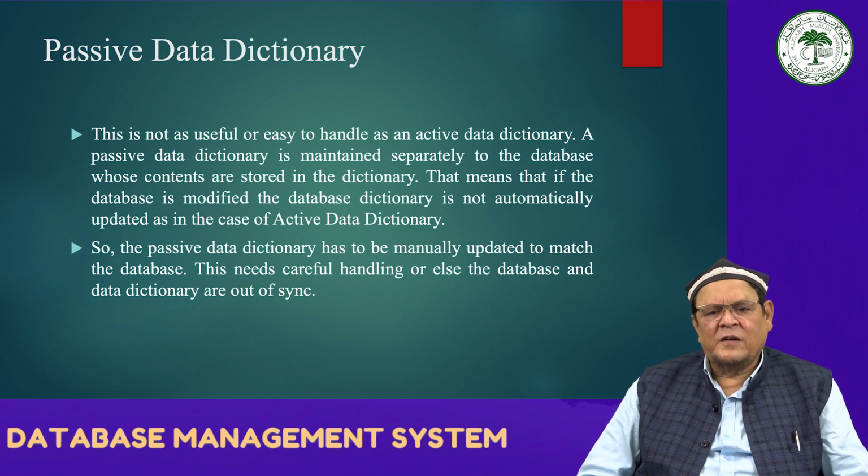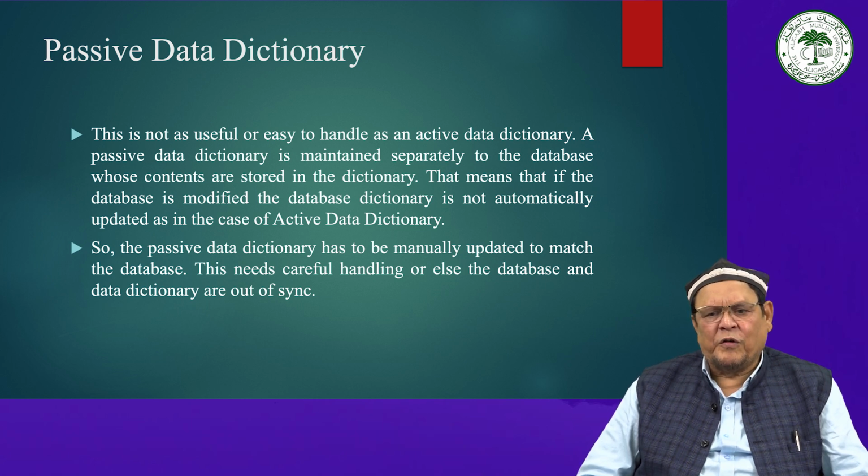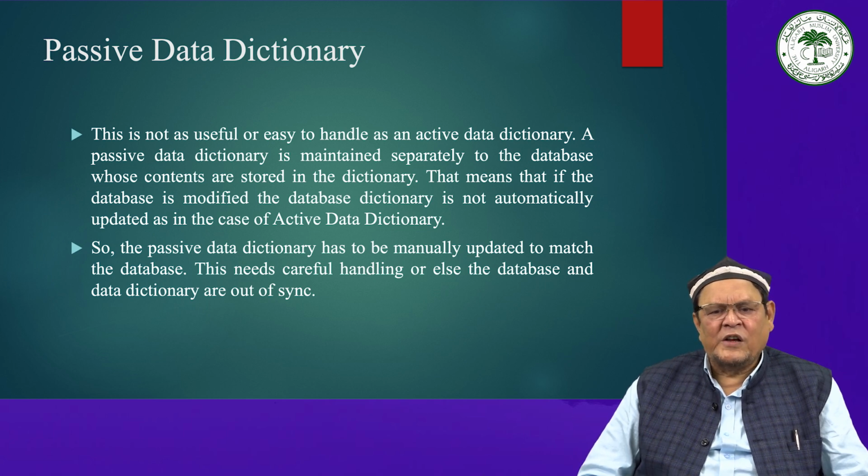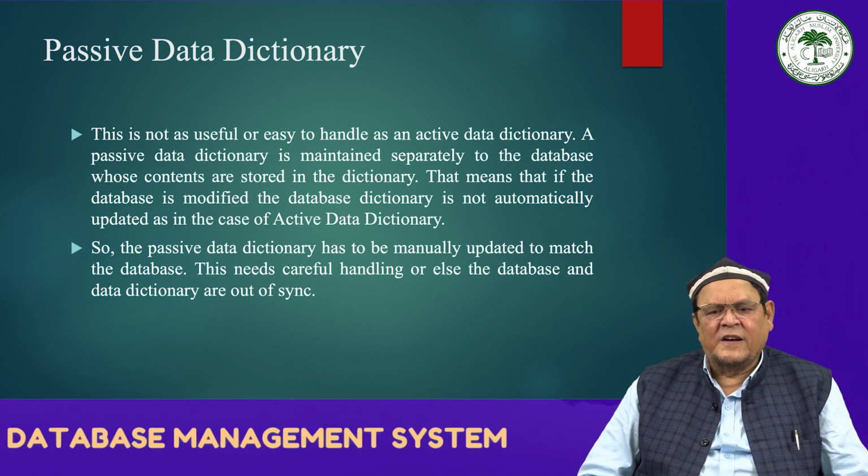That means that if the database is modified, the data dictionary is not automatically updated as in the case of an active data dictionary. So, the passive data dictionary has to be manually updated to match the database. This needs careful handling or else the database and data dictionary go out of sync.